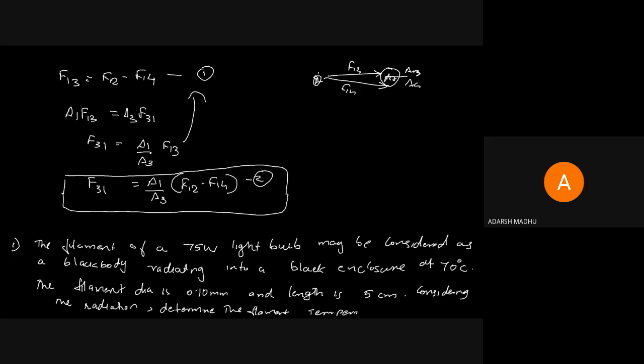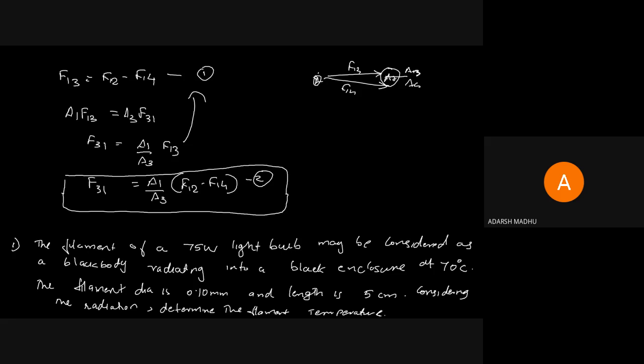Okay. So the question is, the filament of a 75-watt light bulb may be considered as a black body, radiating into a black enclosure. The light bulb is considered a black body and a particular energy is radiating from that black body to a black enclosure.